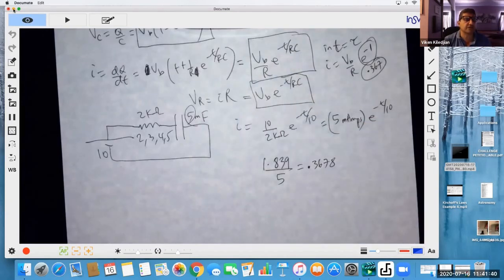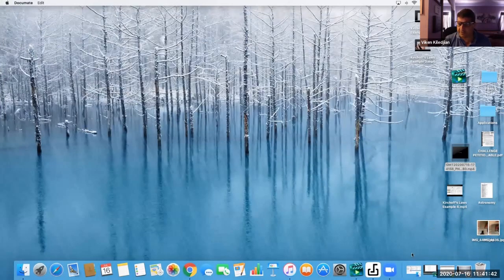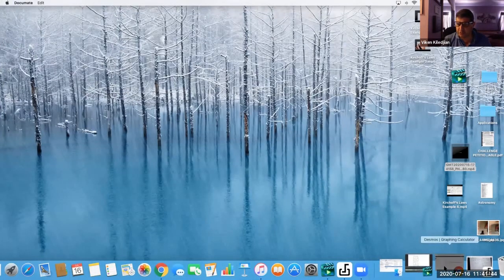Okay, so now some of the other equations that I have on the review sheet.